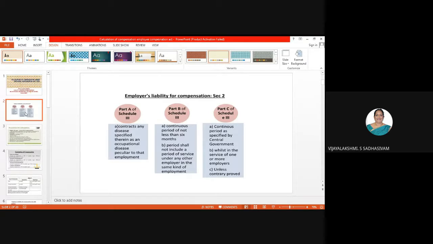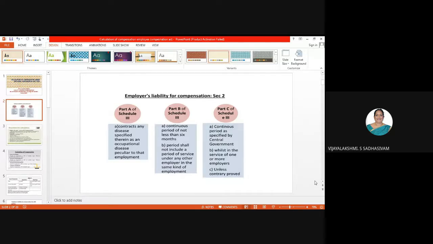So, Part A deals with any disease which has been contracted by the employee which is peculiar to that particular employment. For example, it can be a parasitic disease or any such diseases which is caused by compressed air, or sometimes due to lead or toxic components or because of any nitrous fumes.